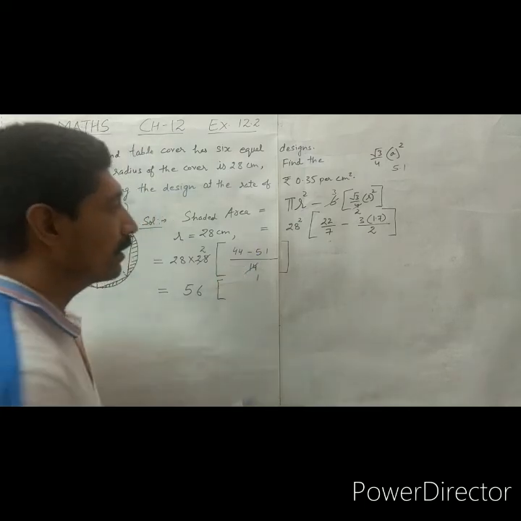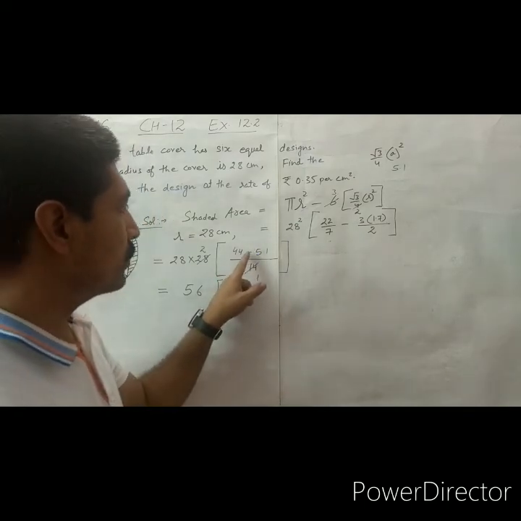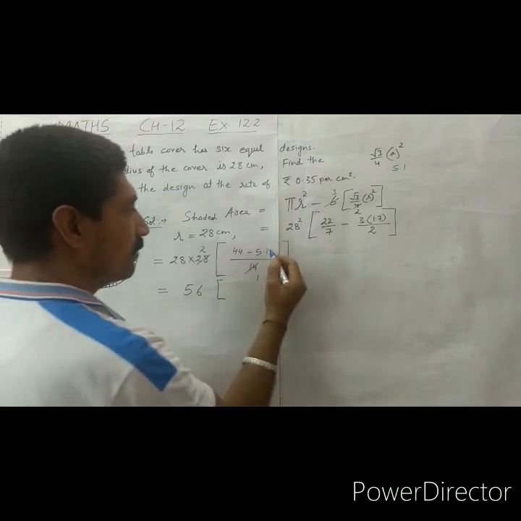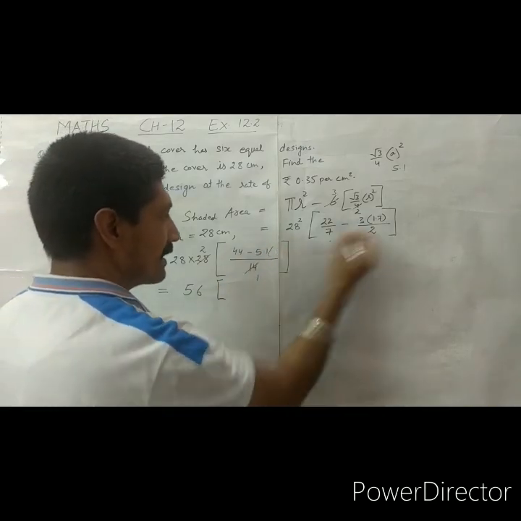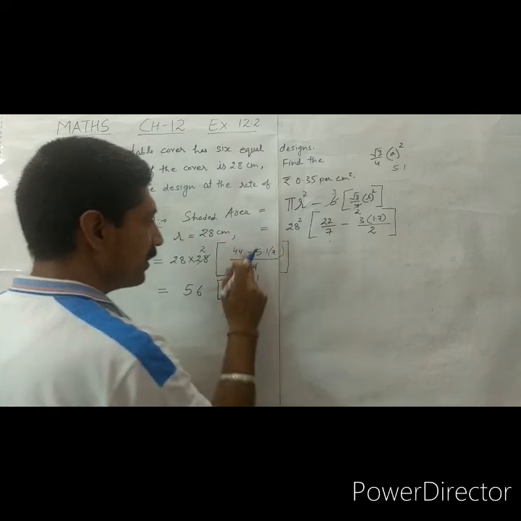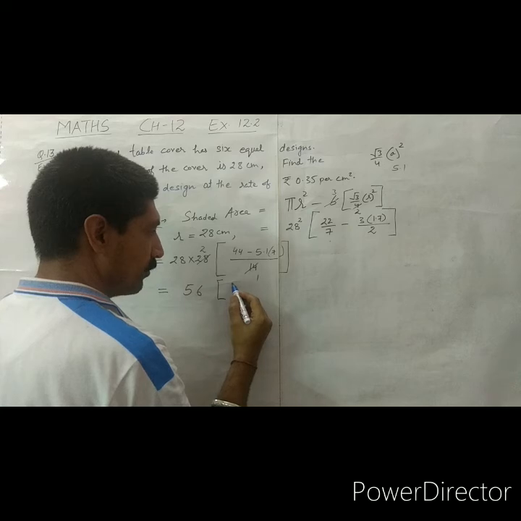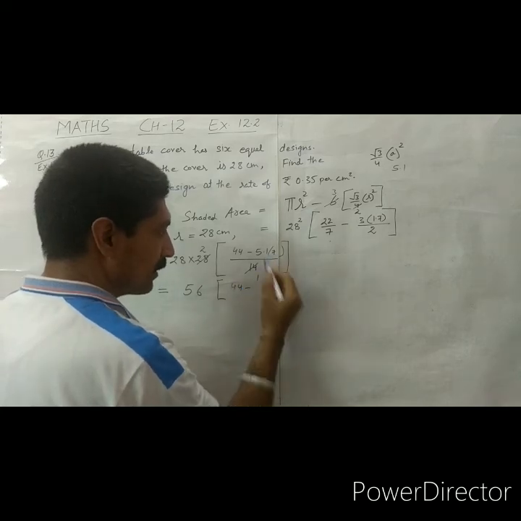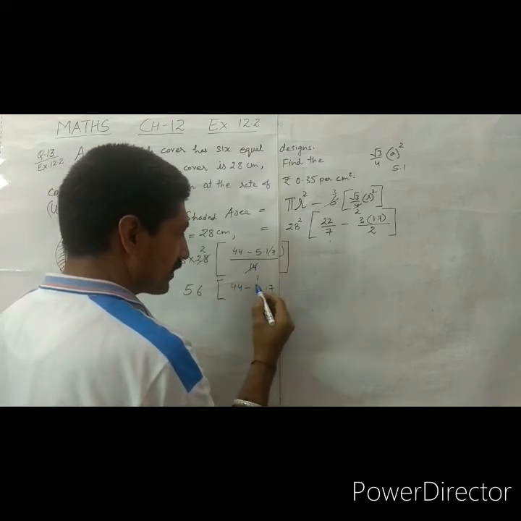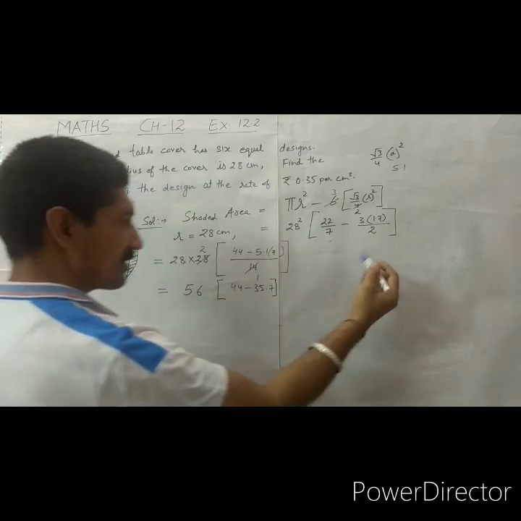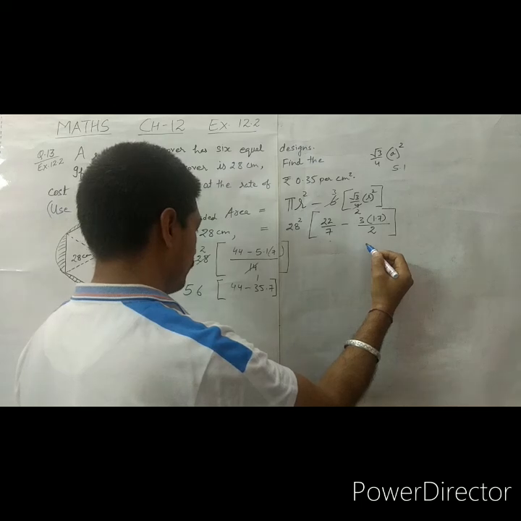Here we have 44 minus 7 ones are 7, 35.7. So let's multiply here.